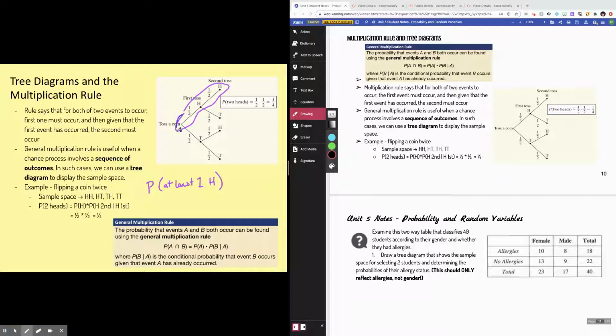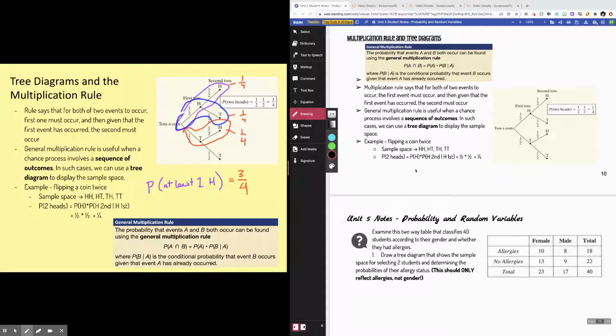There's this path where the first is a head and the second is a tail. And there's this path, which is a tail first and then a head. So I have three different paths, and the probability is 1/4 for each one. So I would then have to add all of those probabilities together, and I would end up with a total probability of 3/4.